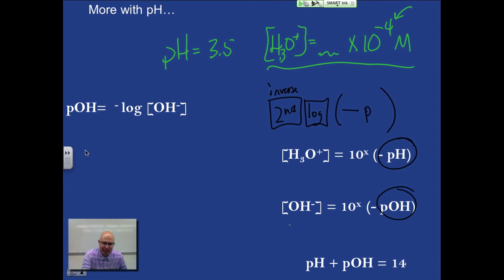Now I want you to recognize that you do have to add that negative, okay? And of course the pH goes with the H3O plus ion concentration, and the pOH corresponds with the OH minus concentration, okay? So pH, H3O plus; pOH, OH minus, all right?